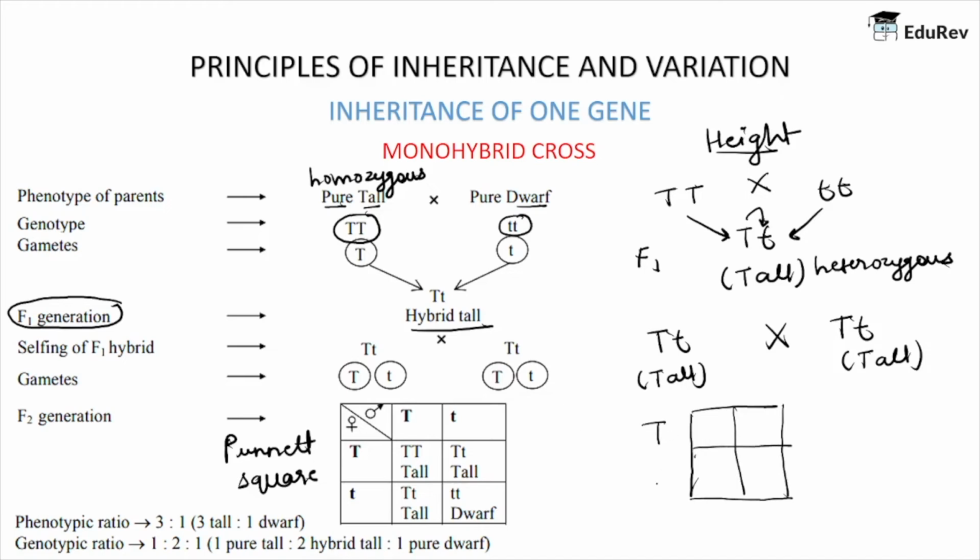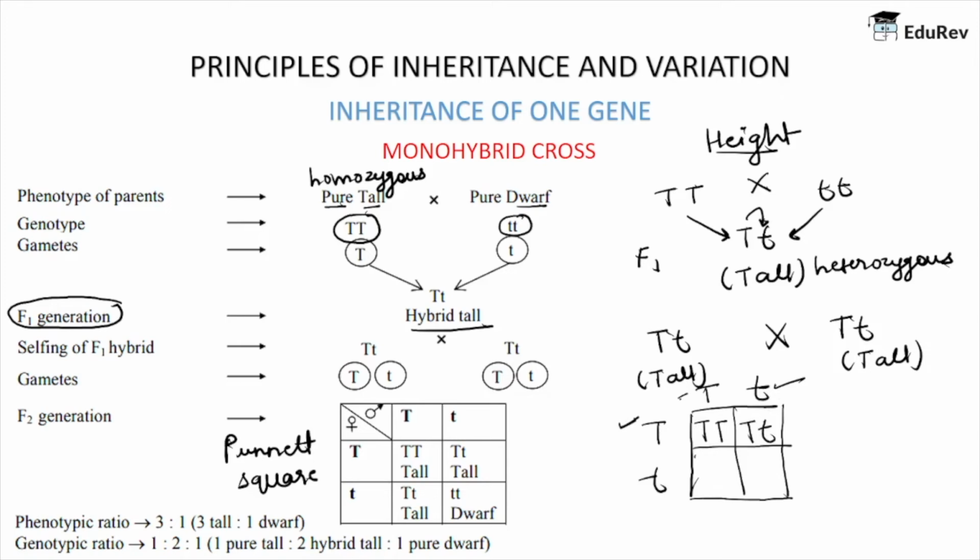Now, he took a male plant, capital T, small t. He divided these genes into each block, capital T, small t. Now, after combining or crossing, he found that if I cross this capital T with capital T, the genetic combination will become capital T, capital T. Now, if I cross this capital T with this small t, then the genetic makeup will become capital T, small t.